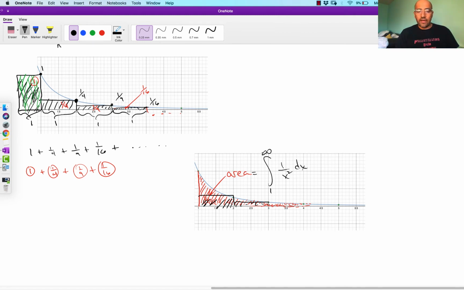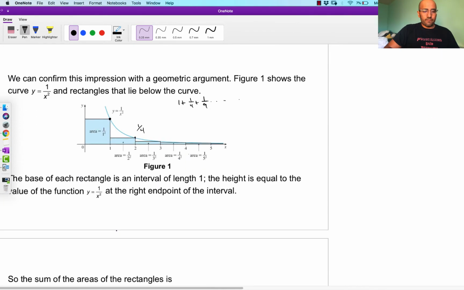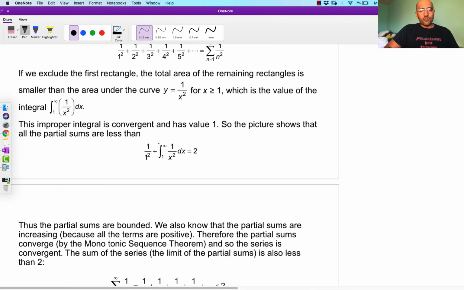The sum of the area in red is this, so it must be true that the first rectangle, let's put it over here, plus the integral of all this is equal to 2. Good. Now, how do we get that it's equal to 2? Well, we have to find the integral of this.